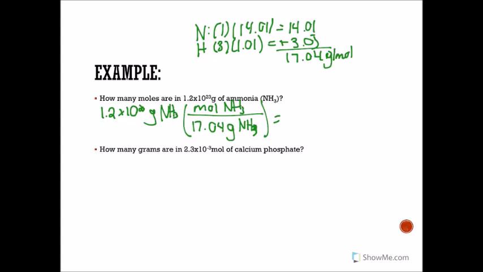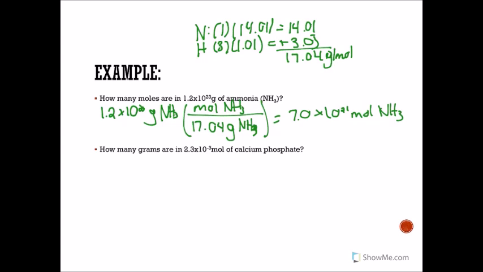When we work that out on our calculator, 1.2 times 10 to the 23 divided by 17.04, we get 7.04, but we have 2 significant figures, so 7.0 times 10 to the 21 moles of ammonia.